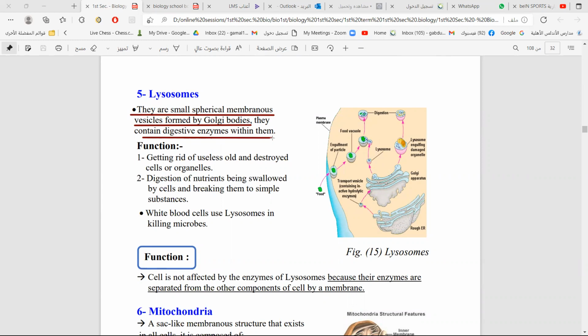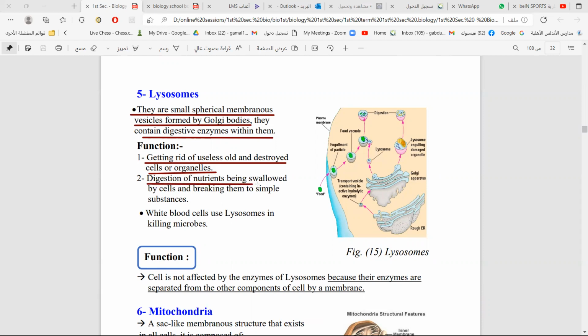We can see them in the white blood cells because they attack microbes and destroy them by these enzymes. They get rid of useless, old and destroyed cells or organelles. So they can destroy the dead or old cells in the cell by the digestive enzymes.